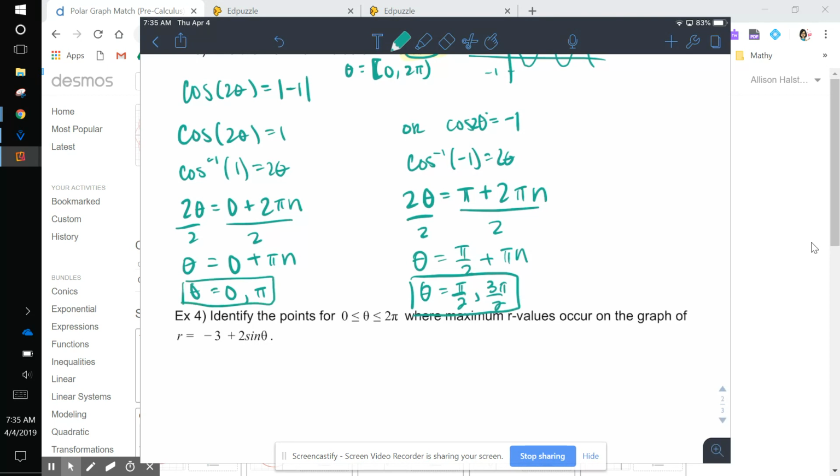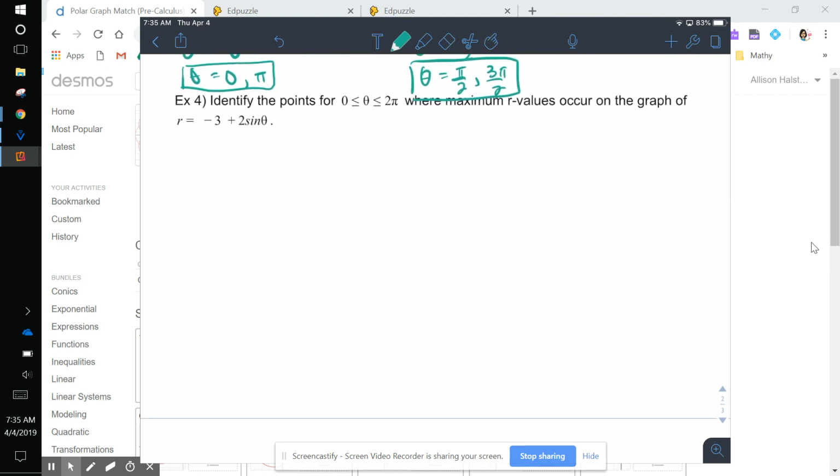Okay, the last one, again, we have to look for the maximum values. I can see that I'm adding two things together. So I'm going to think, what are the outputs I could get for the sine ratio? The sine could be between -1 and 1. If sine was 1, then -3 plus 2 times 1 would give me -1. If I have -3 plus 2 times -1, that would give me -5.